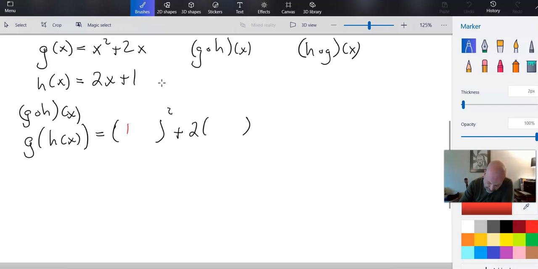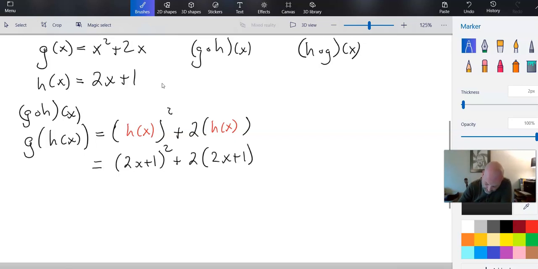Well, the input here is h of x, right? So next step would be to just plug in the algebraic expression that represents h of x, which is 2x plus 1. So now this is 2x plus 1 squared plus 2 times 2x plus 1.